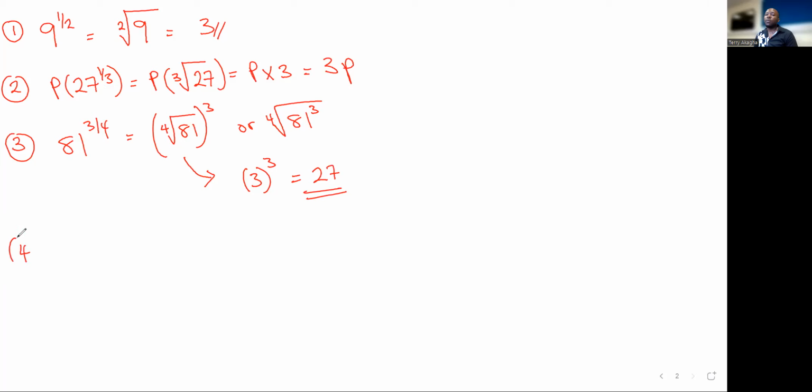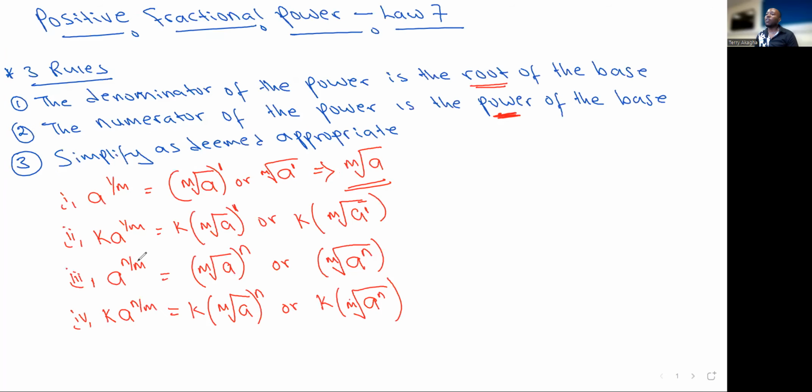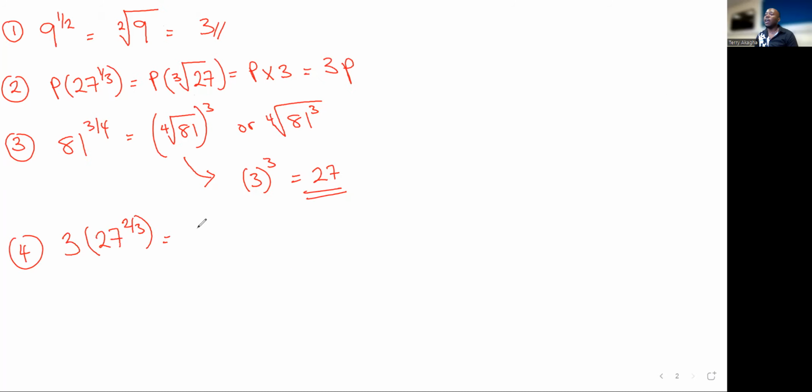Number 4, let's assume we have a coefficient now, and we have 3 times 27 raised to the power 2 over 3. Like I said, if you have a coefficient, you just multiply it by the resultant value. So here it's going to be 3 multiplied by the cube root of 27, all raised to the power 2.